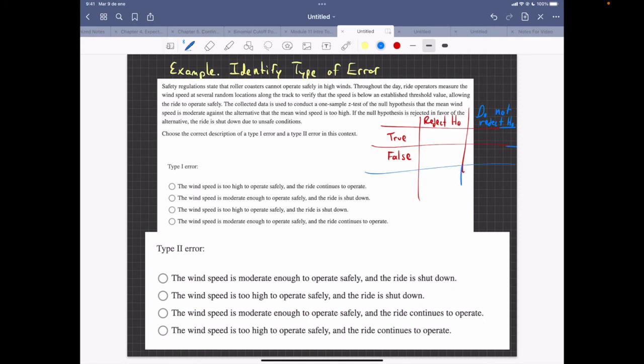So whether we reject H null or we don't reject, always we are at risk of committing two possible errors. What happens if we reject H null, but it resolves to be true? In that case, we have a type 1 error.